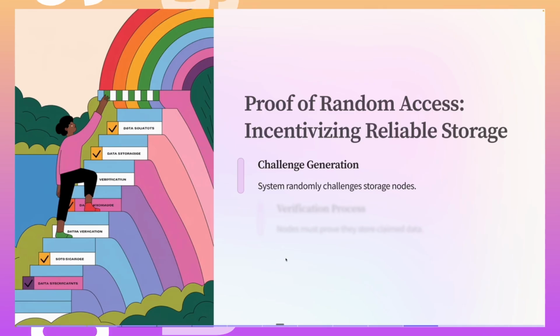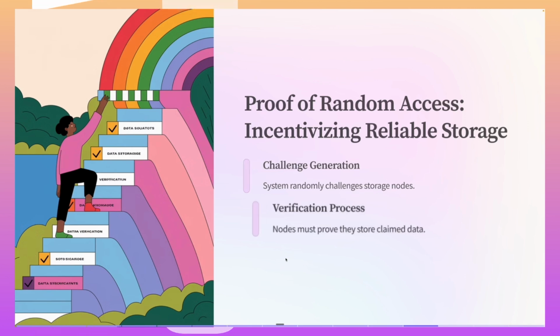Our main system will randomly generate a challenge with respect to some time, and it will share it with all the storage nodes that need to solve the challenge. It is a challenge to identify a file. It's not a full file, but a part of the file that is erasure coded.